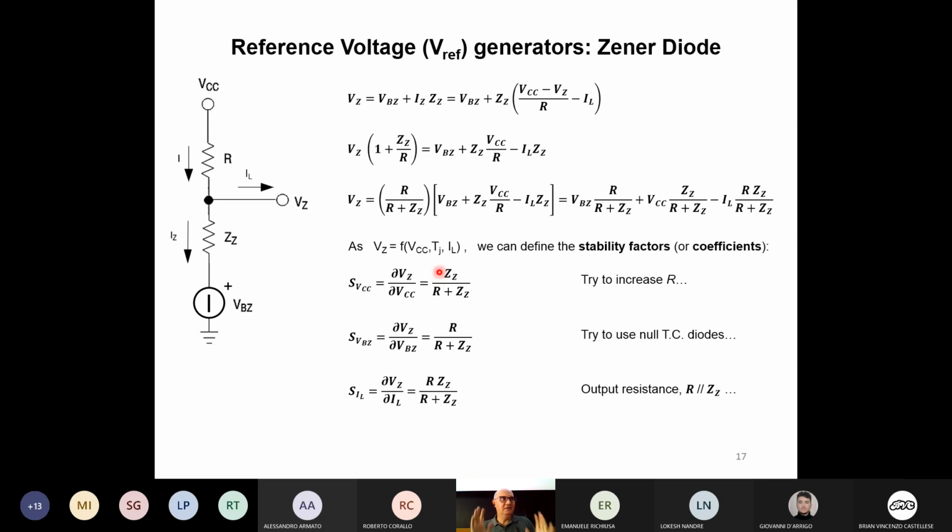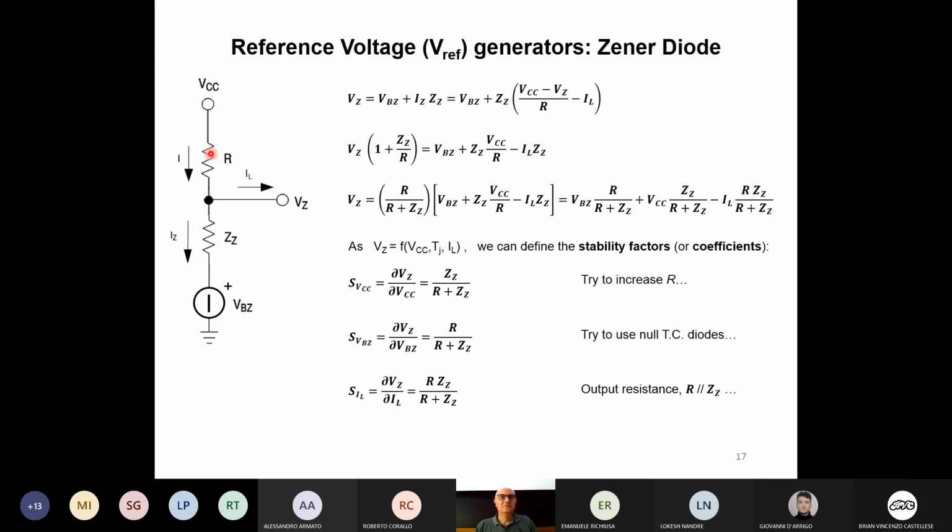So the first trick, if I want to get a very stable output voltage, which does not depend on the supply voltage, is to use a current generator instead of R. That is made electronically with a current mirror circuit.